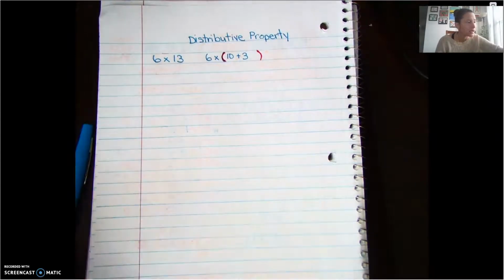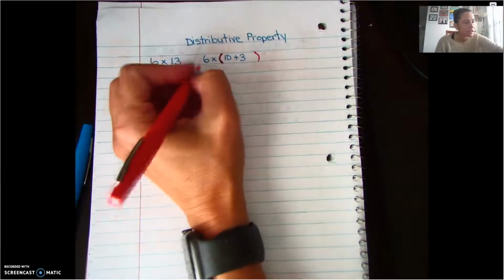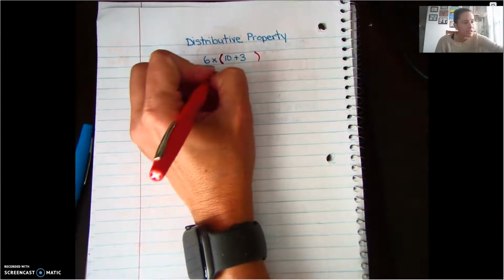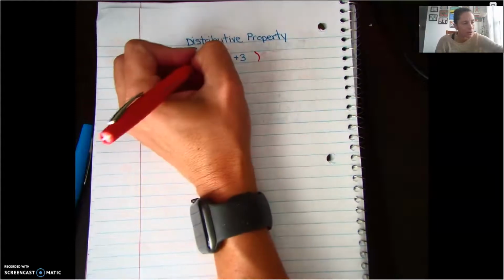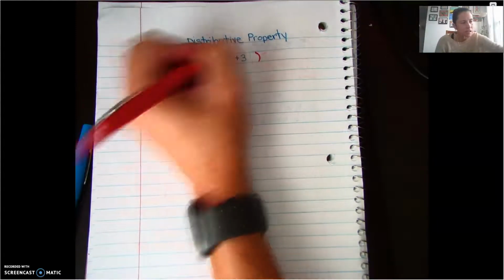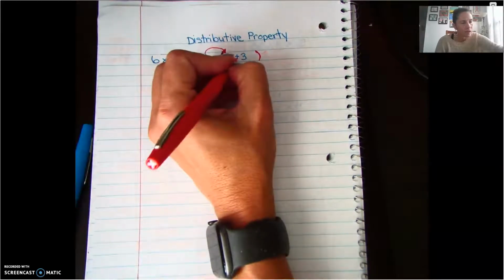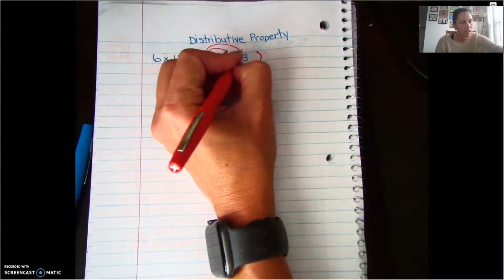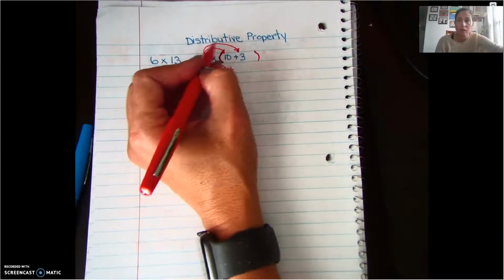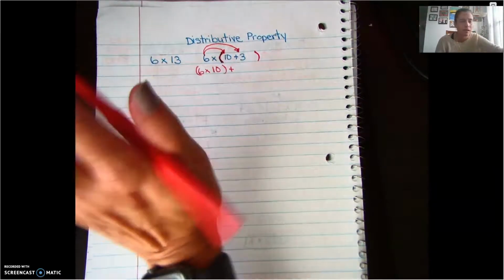Now, in my head, I can see that I have 6 times 10. So we're going to put this 6 times our 10. Then we have our plus sign. And then we do our 6 times the 3. So we're distributing the 6's. And don't worry, we're going to practice this.